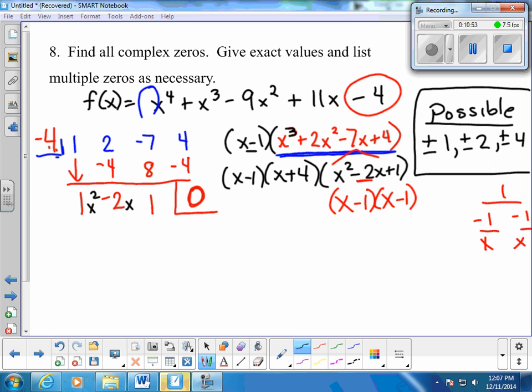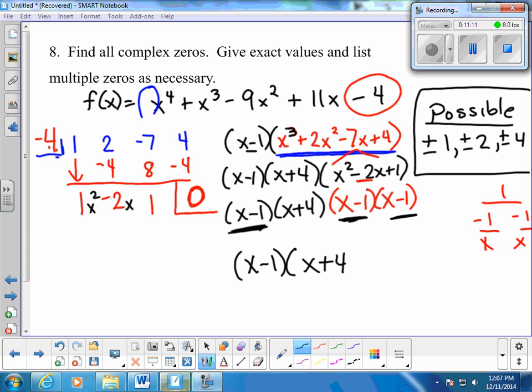I'm going to drop these original ones from the previous steps. And I'm going to look at this. This 0 is going to give me x minus 1, and then I have x plus 4. You can see I have 1, 2, 3 of these. So that's going to be to the third power.